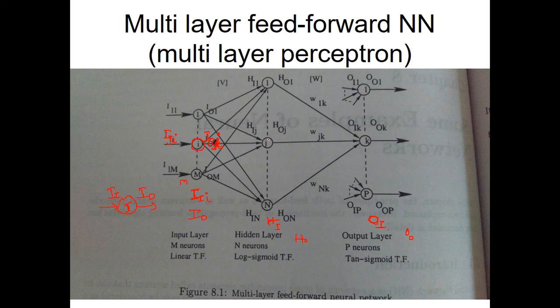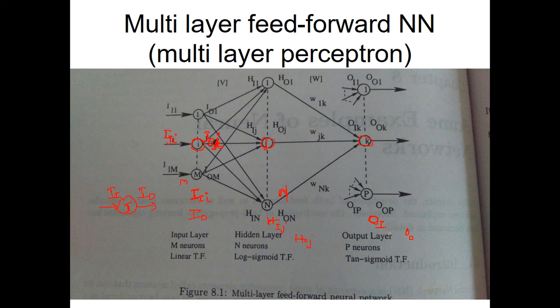Similarly, at hidden layer, let us consider at jth neuron. So second subscript will be J. Here j represents index 1 to n, because n number of neurons are at hidden layer. Similarly, at output layer, let us consider a generic node kth index, kth node.